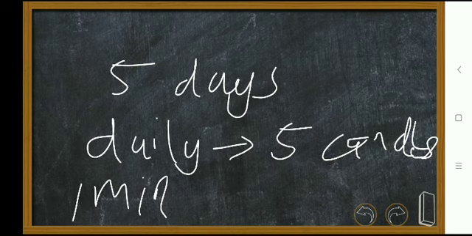So you see how many candles you'll have in your chart. There'll be a lot more than 100 candles for that period of 5 trading days. But on a daily, you'll have only 5 candles.